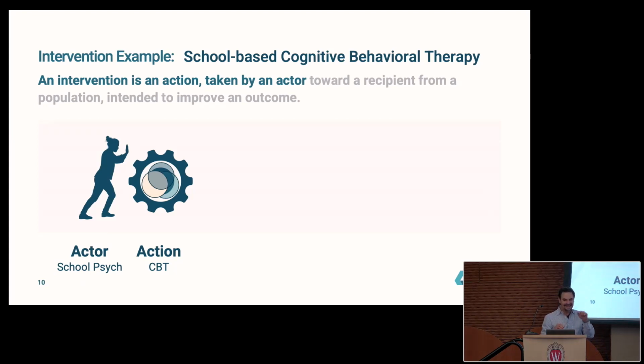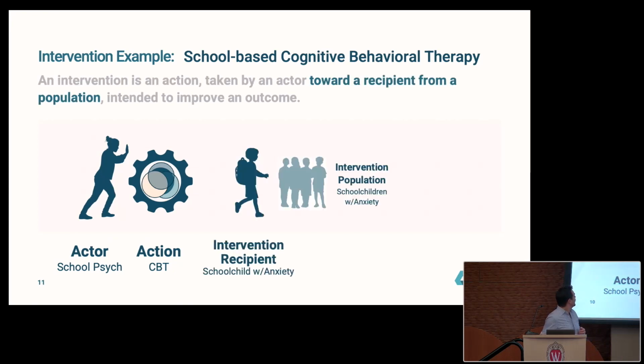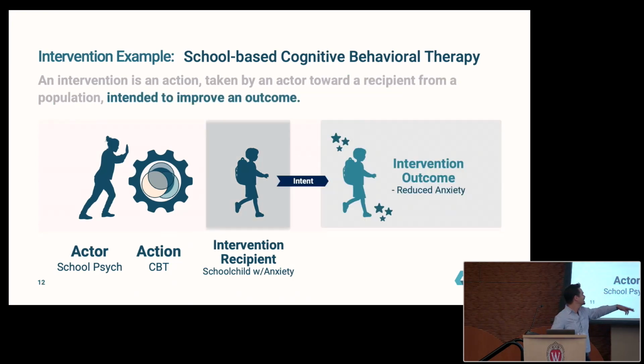Not what the kid does, whether the kid does the CBT homework. That's not the intervention, okay? And it's toward a school child that might have anxiety from a population, and the intent is to reduce the child's anxiety, right? That's the intent.